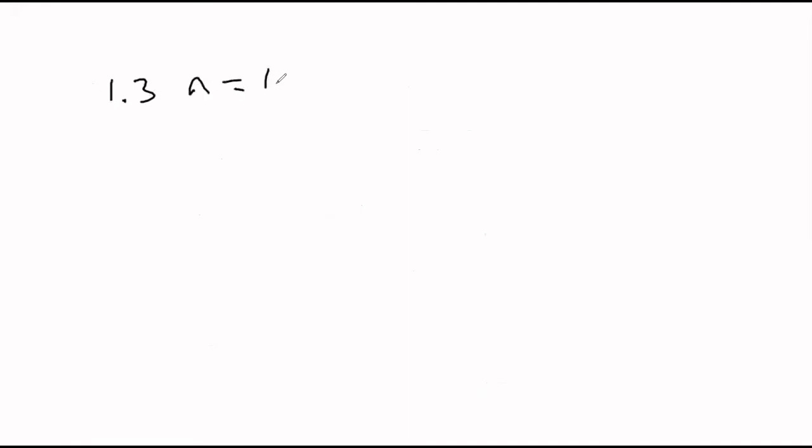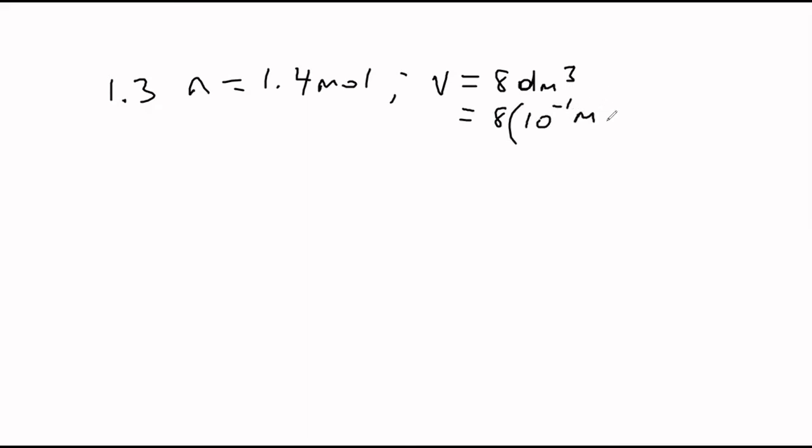The number of moles is 1.4 moles. The volume is given as 8 cubic decimeters. Let's convert it quickly. So we said 1 decimeter is the same as 10 to the power minus 1 meters. Then we raise it to the power 3.